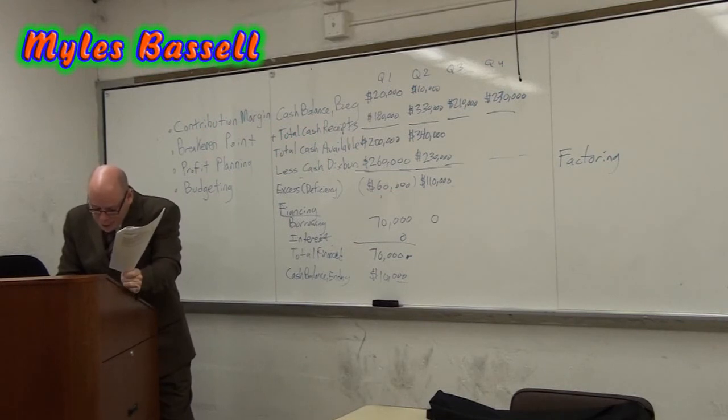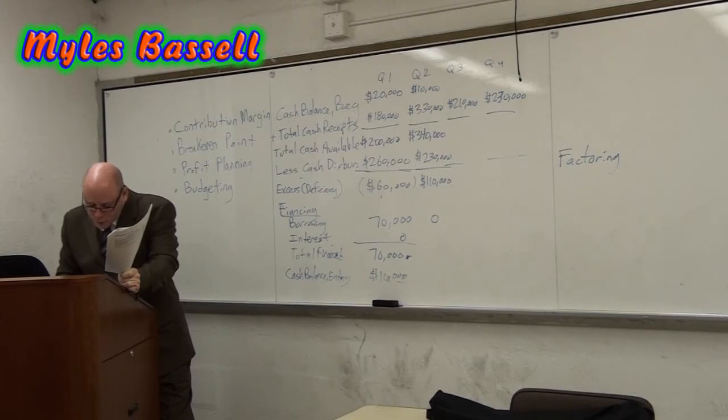So it says that we borrow the money at the beginning of the quarter or at the end of the quarter. Interest payments are due on the principal at the time it's repaid. End of the quarter.